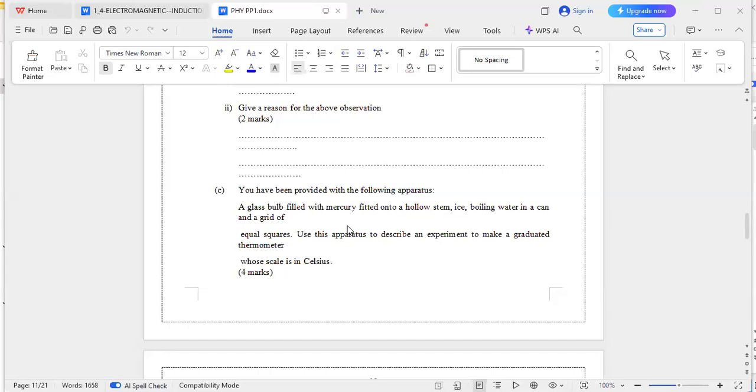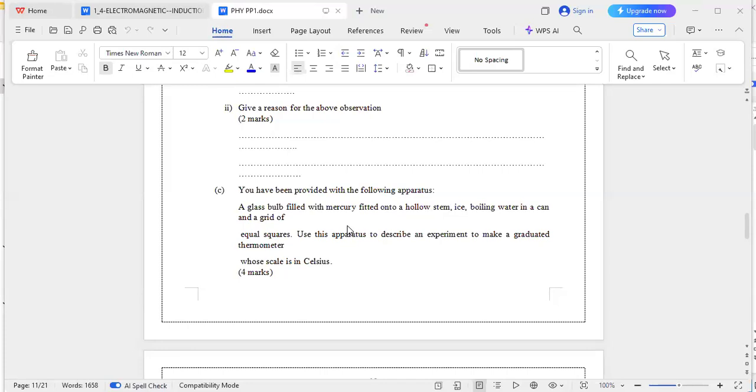Step 3, after we have now identified X, we now go to mark the upper fixed point, which is 100 degrees Celsius. Suspend the thermometer above boiling water, not inside boiling water, because this water may not be pure. Or even if it's pure, the pressure where we are is not sea level, it's not standard pressure.